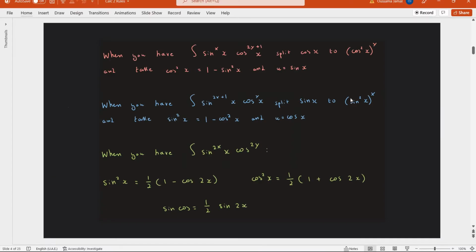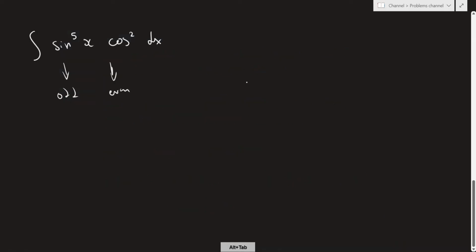Now let's go back to the formulas. We have 1, 2, 3 cases. First one is even, odd. Next one is odd, even. The last one is even, even. Okay, so I want to write this as a table.